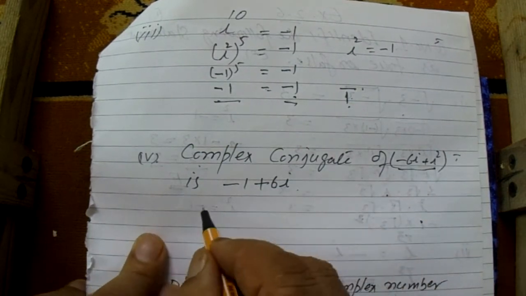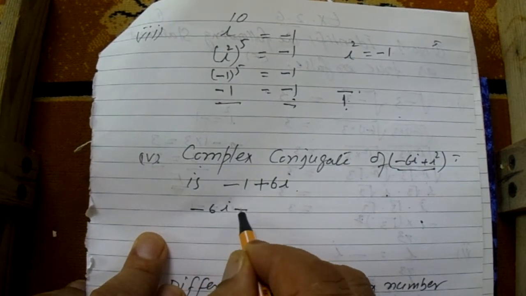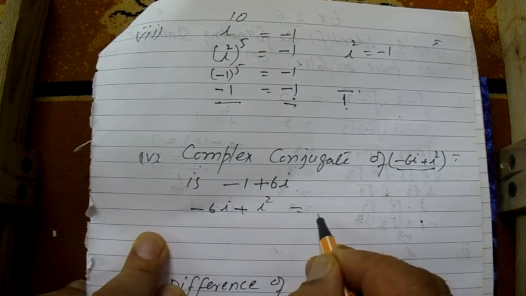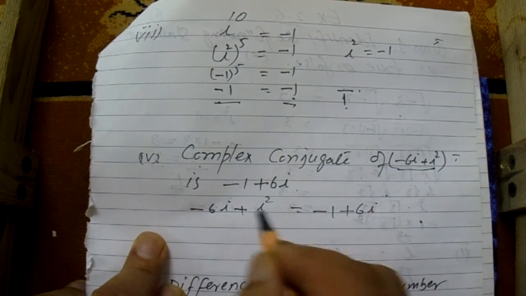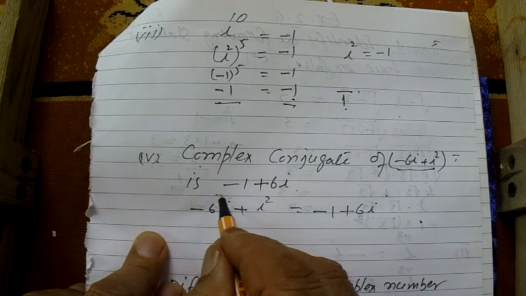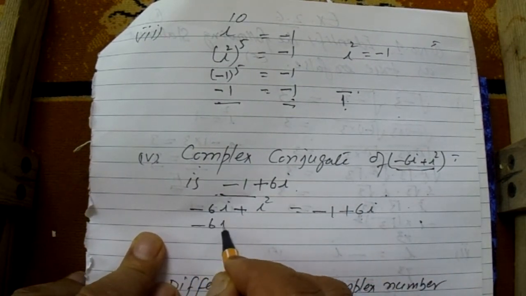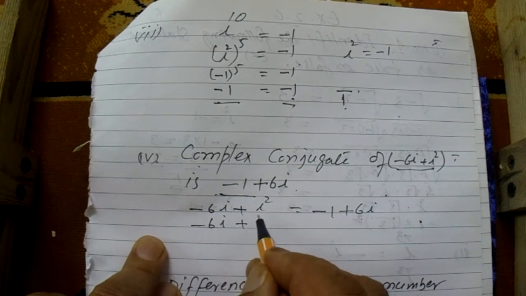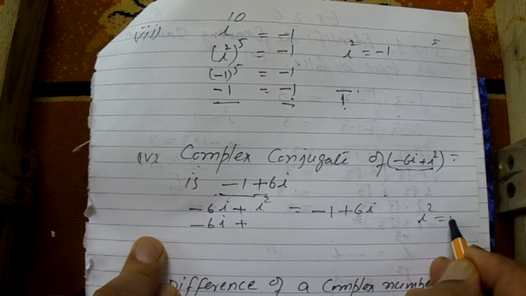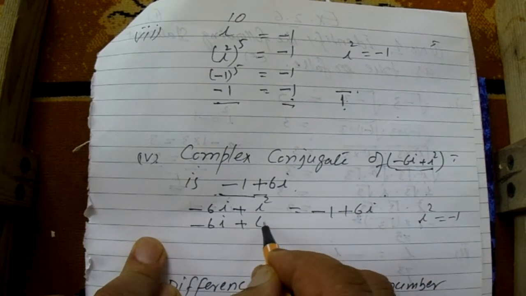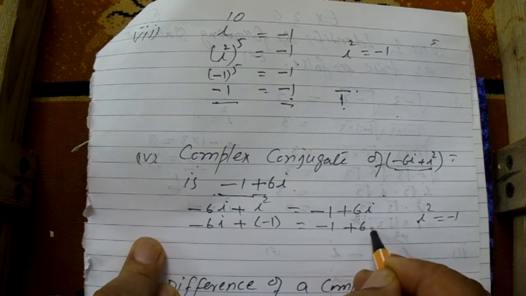To write here, minus 6 iota plus iota square is equal to minus 1 plus 6 iota. Now we want to find the conjugate of this. It means this is equal to this: minus 6 iota and plus, we know that iota square is equal to minus 1. Now we put the minus 1 here, is equal to minus 1 plus 6 iota.